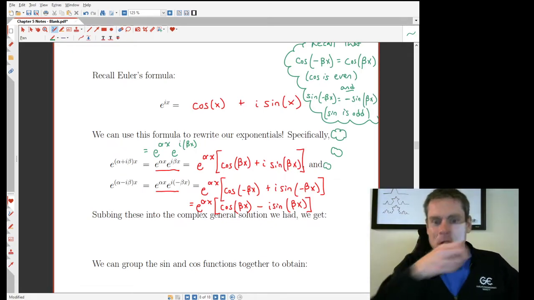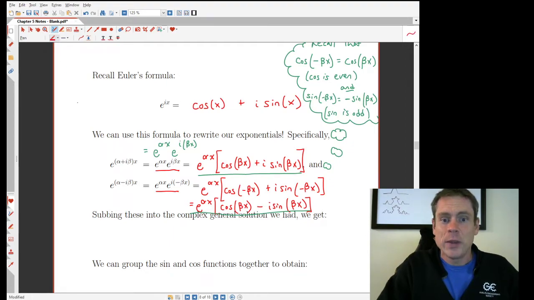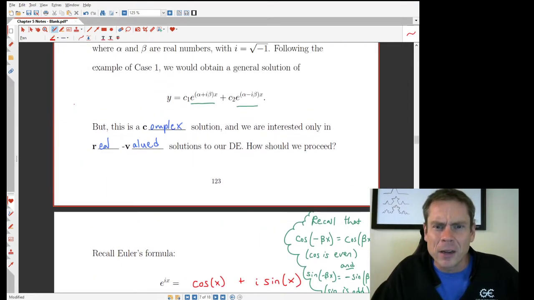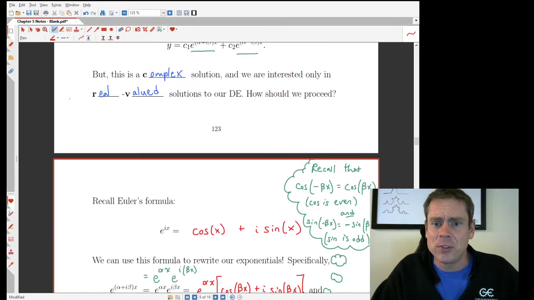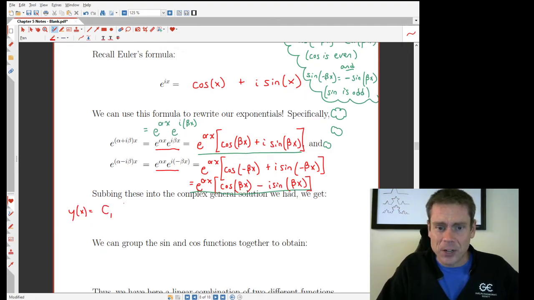Let's keep going. We're going to sub both of those expressions in. We have one for this first exponential. We have one for the other. And if I sub those into our formula for the solution that we had, let's see, what do we have up here? It was y equals c1 times the first, c2 times the second. So we have y equals c1 times the first.